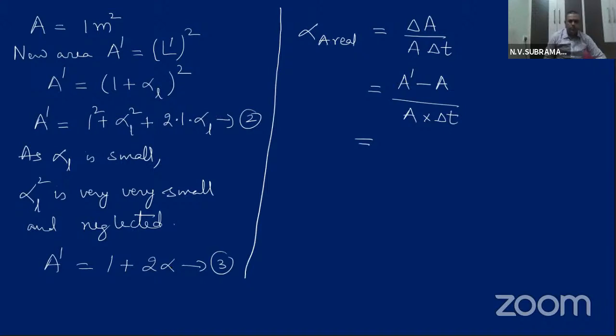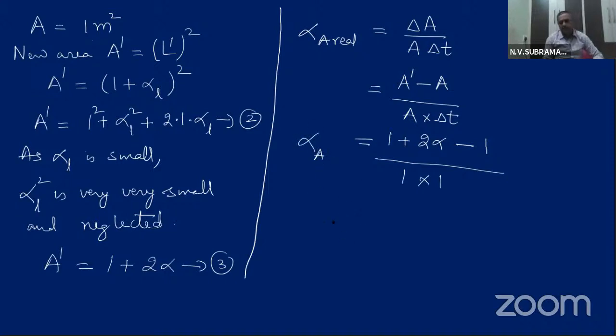See here, 1 plus 2 alpha. Minus A, value how much? 1 meter square. By again A value, 1. Into delta T value, 1. That is alpha areal.